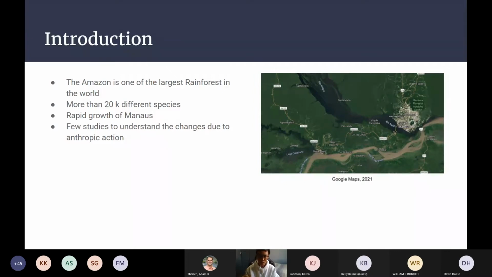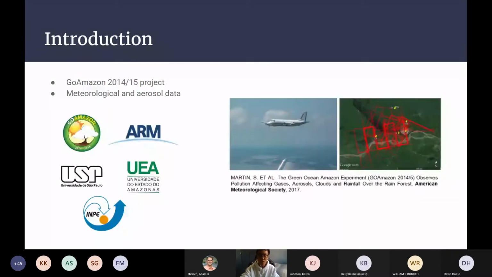In the central region of the Amazon basin, the city of Manaus has been growing rapidly, and nevertheless, only a few studies have been conducted so far with the objective of understanding the changes due to this anthropic action in the region.